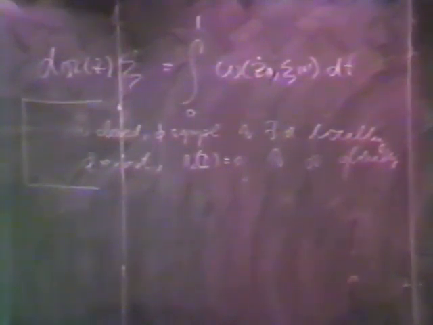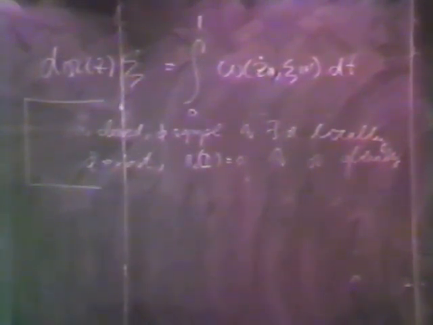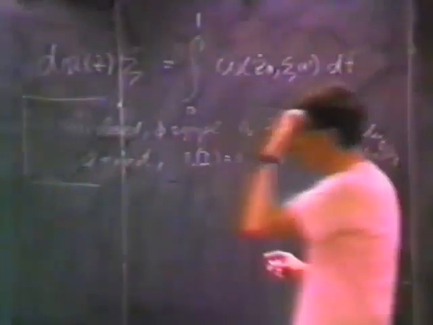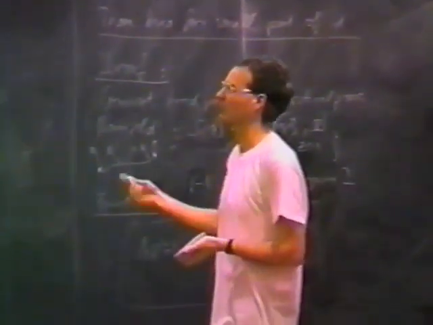Now, how do we find solutions? The fixed points are now critical points of this.